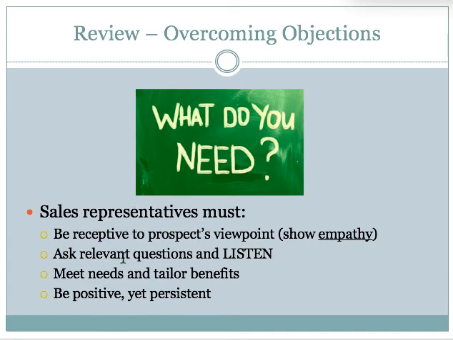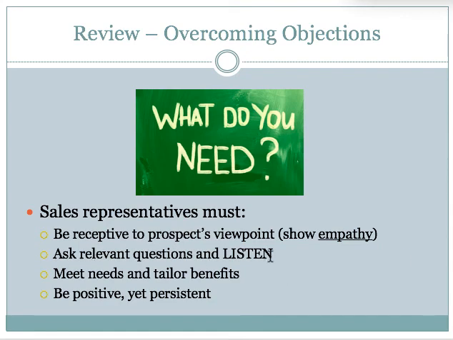And just a couple of other points here regarding overcoming objections. Big thing is just being receptive to the prospect's viewpoint, being able to show empathy, right? Being able to understand where they're coming from when they're talking about the objections and why they're concerned about actually buying the product.